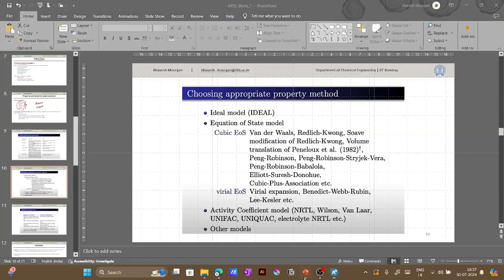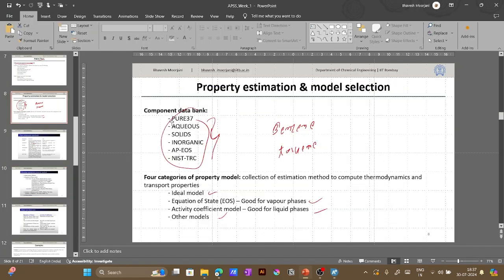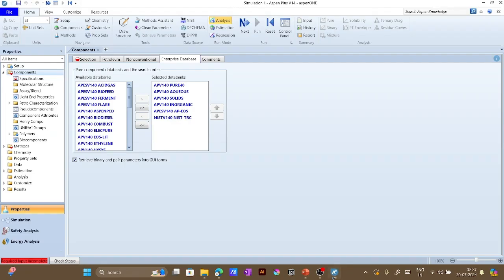As we were saying, there are basically six component data banks which are preloaded: Pure 37, Aqueous, Solid, Inorganic, APV, NISTV. As you can see here, instead of Pure 37, it's Pure 40. Depending upon the version, the data bank will get updated. And there are some others also that you can add or remove. Let's say I want to add Pure 37, I can add it.